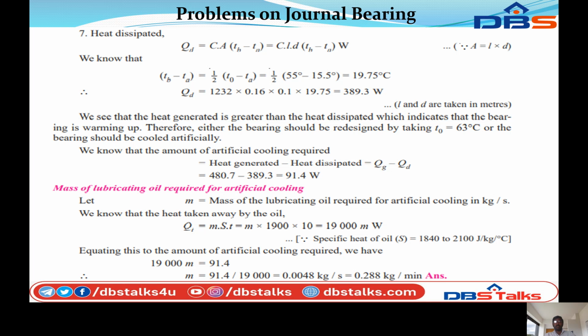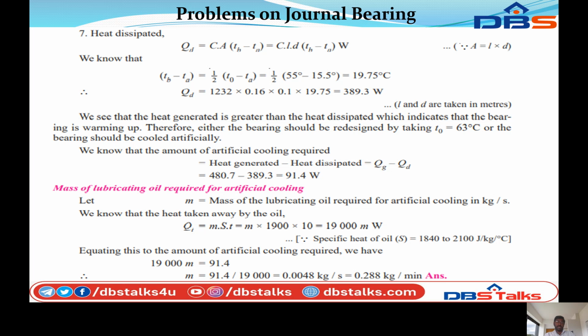So we know the artificial cooling requirement is equal to heat generated minus heat dissipated, Qg minus Qd, that is equal to 480.7 minus 389.3, that is equal to 91.4 watts.